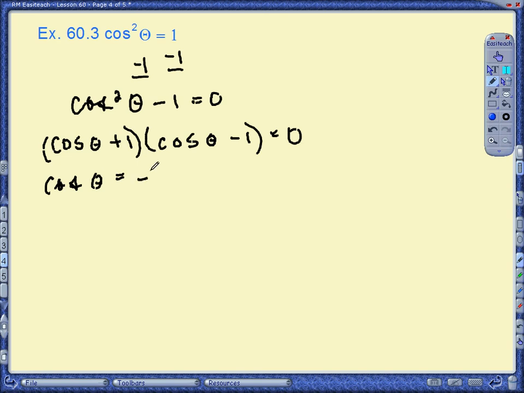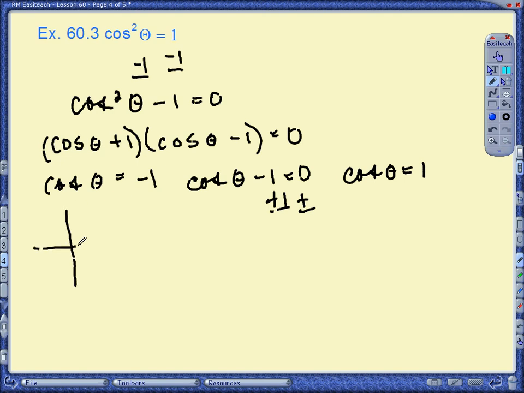Cosine theta equals -1 then, when we set it equal to 0. And this one would be cosine theta minus 1 equals 0. We'd add 1 and get cosine theta equals 1. Cosine is negative. It's a quadrantal angle again. Whenever you see -1, 1, or 0, you're thinking quadrantal.